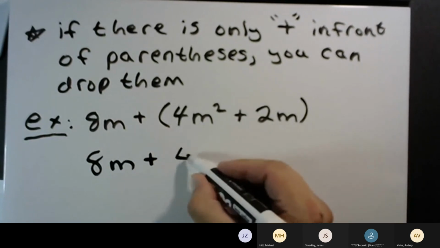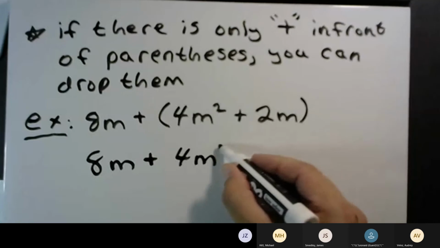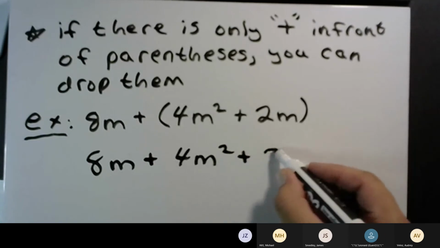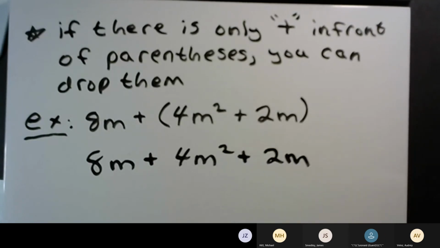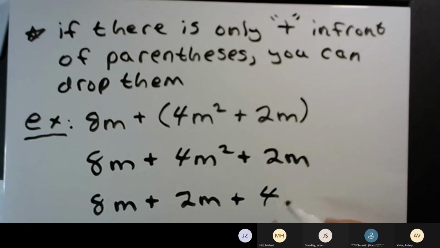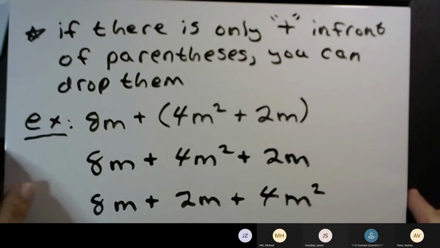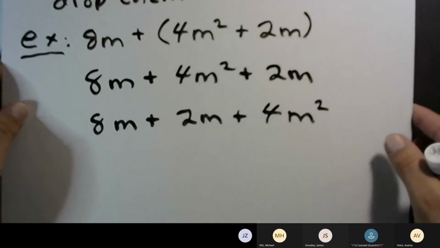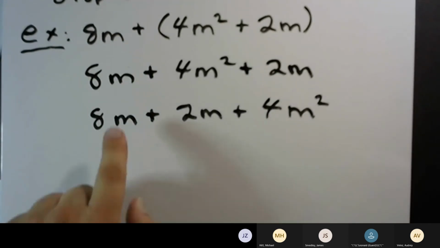We keep the plus sign, but we drop the parentheses. And so we're going to group these.